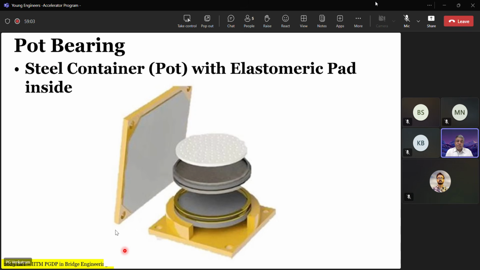Let me ask. Is there a difference, Shreya? Is there a difference in the behavior of the elastomer in a pure elastomeric bearing or the elastomer which is in the pot and PTFE bearing?